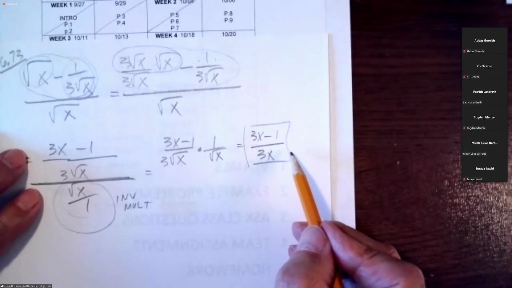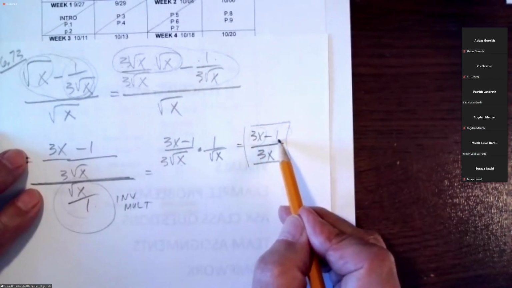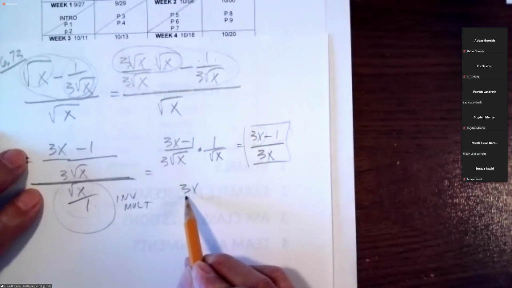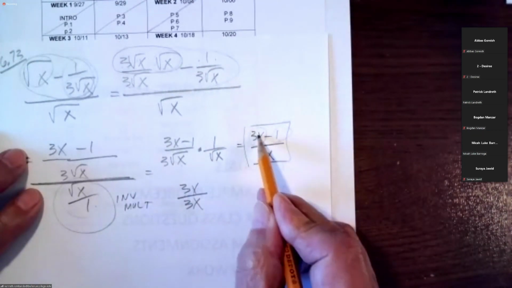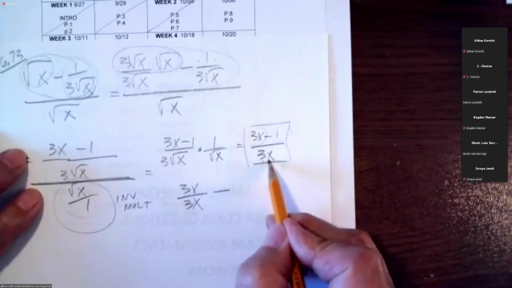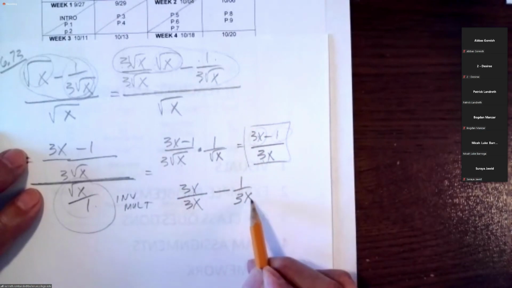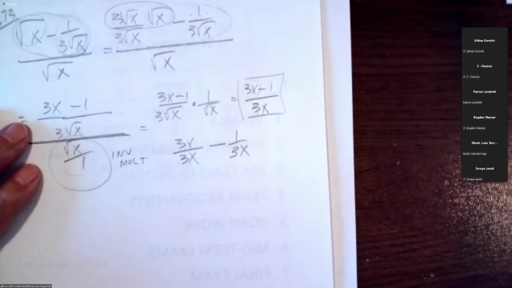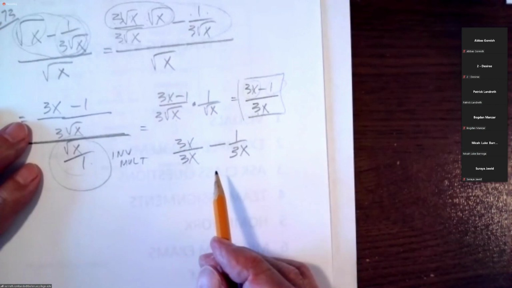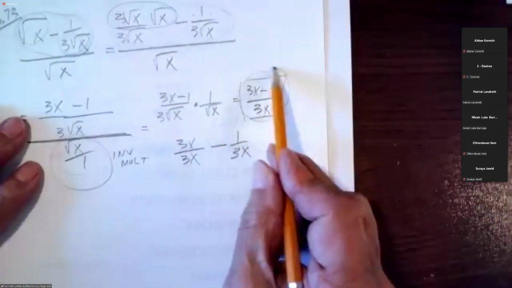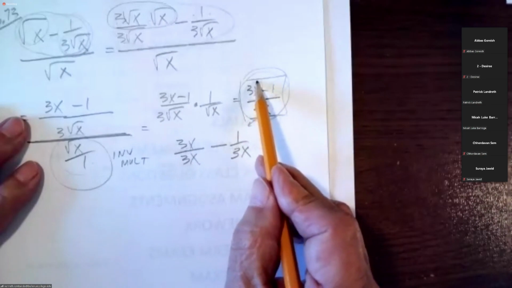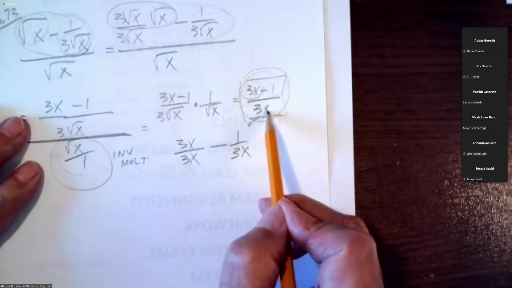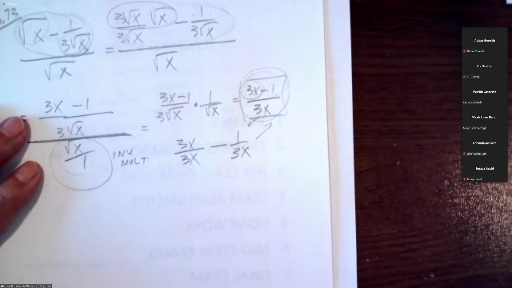The book may show that it separated these in the numerator: 3x over 3x minus 1 over 3x.